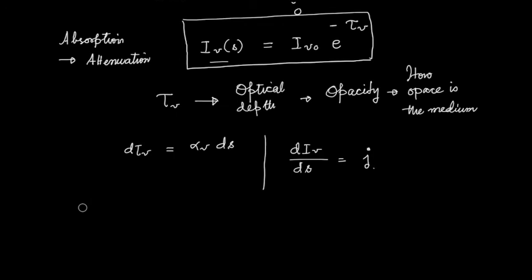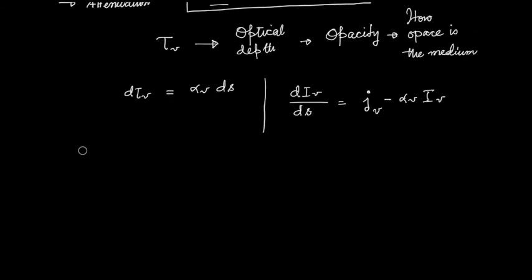Let me write it here. We can write the radiative transfer equation instead of a differential in S, as a differential in tau just from here. So what will it become?